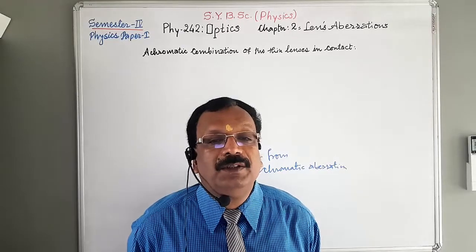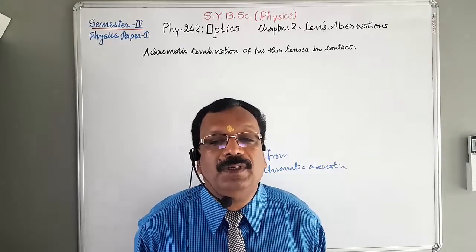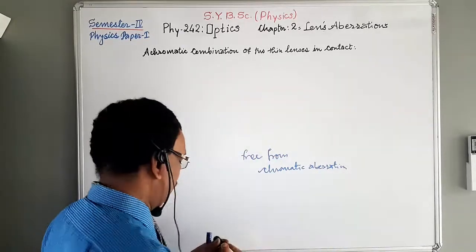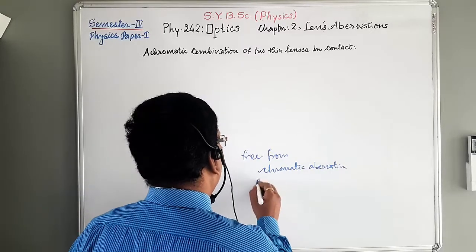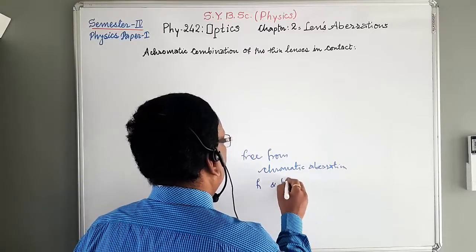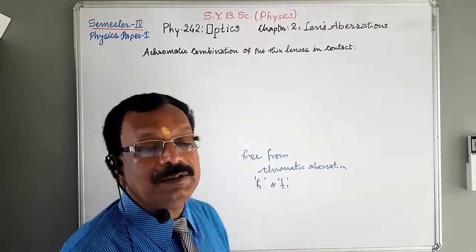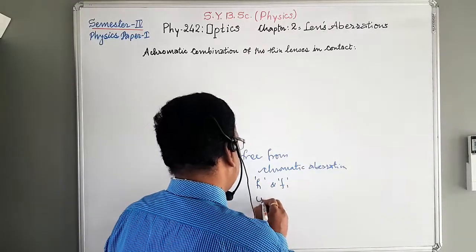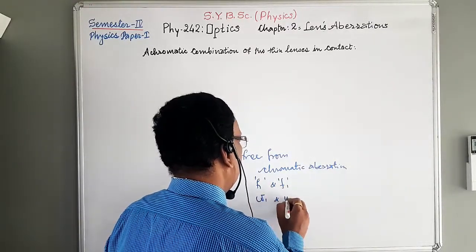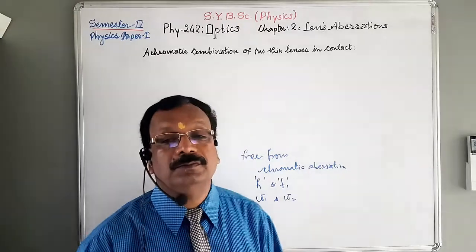For this purpose, consider two lenses having focal lengths f1 and f2, and dispersive powers omega 1 and omega 2.